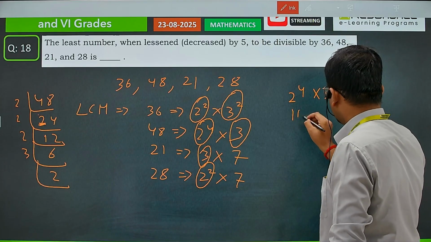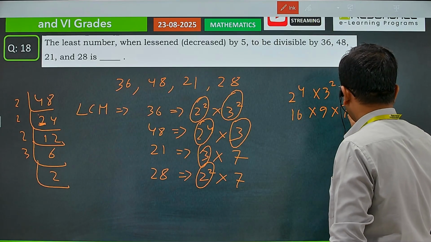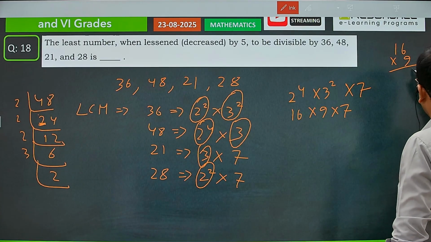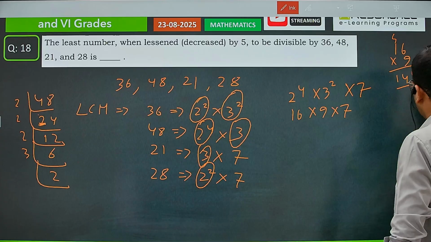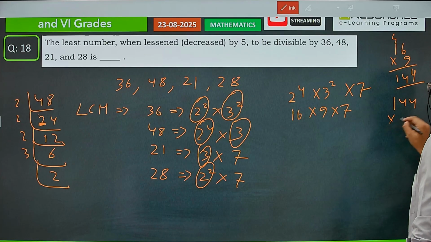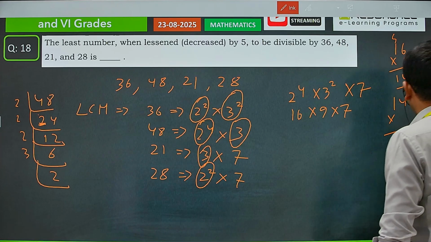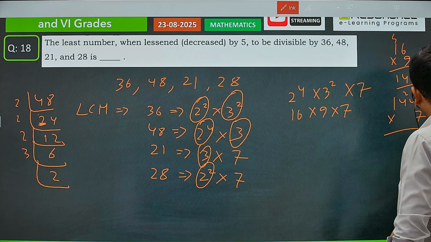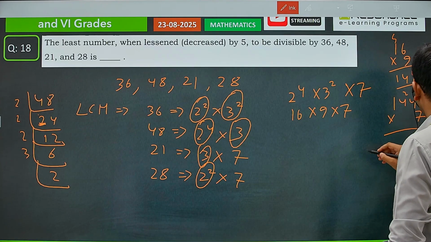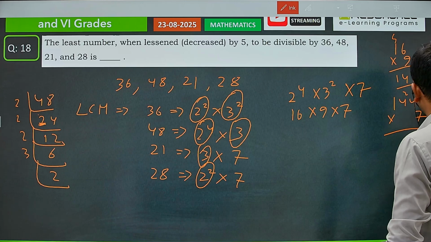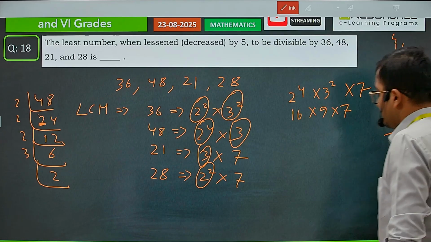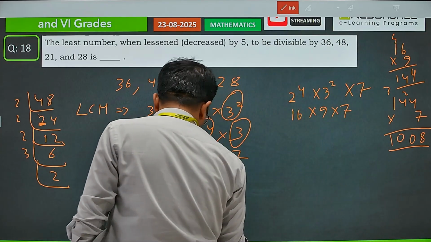Let's find it out: 16 into 9 into 7. 16 into 9 is 144. Then 144 into 7, it will be 1008. So that would be the LCM, 1008.